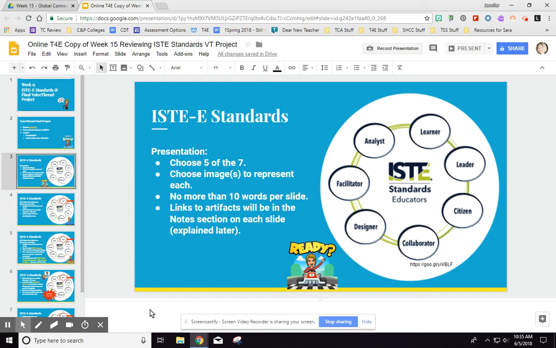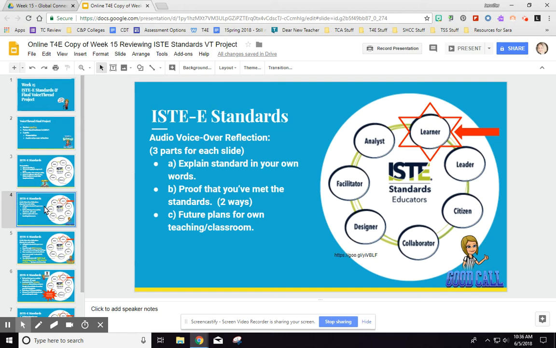So if I'm going to choose my teacher interview and my building your PLN project, I would actually highlight those and link them, give the link in the notes itself. And the reason I do that is because when I'm grading your presentation, I have direct access to those things instead of having to go find them on your website or in your shared folder. So you do need to include those as well.